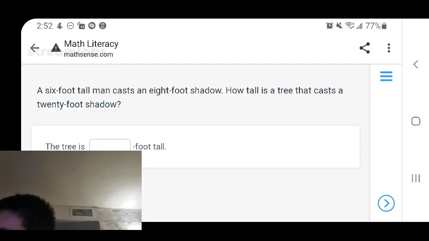So you do a 6 over 8 equals x over 20. You could cross multiply. I'll just do that. 6 times 20 equals 8x. I can explain why cross multiply works. You multiply 6 over 8 by 20 over 20, and then you multiply x over 20 by 8 over 8.